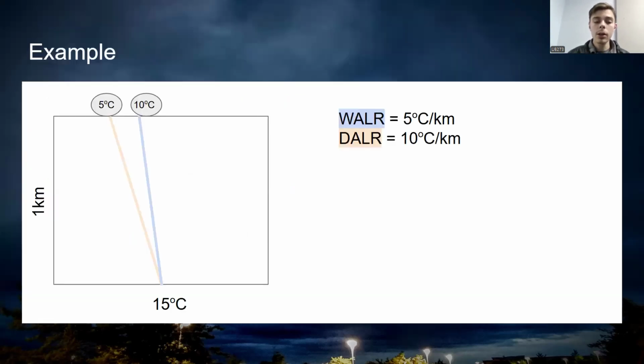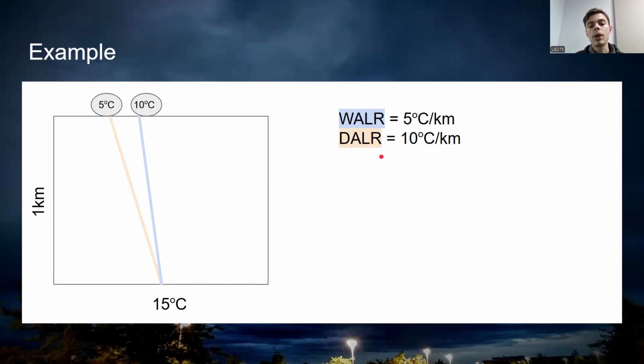All right, now we're going to look at examples to actually show what we mean by those three things. So here's our situation with our parcel. These gray things are two parcels. And why are there two? Well, because it's showing you what the parcel's temperature would be if it followed either rate. So we're starting at 15 degrees Celsius. It goes up 1 kilometer.